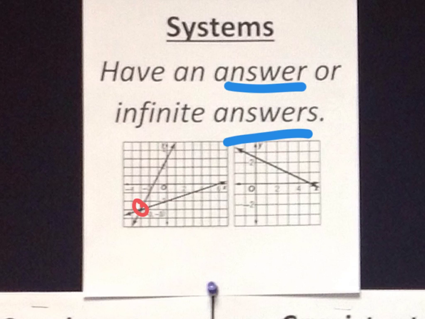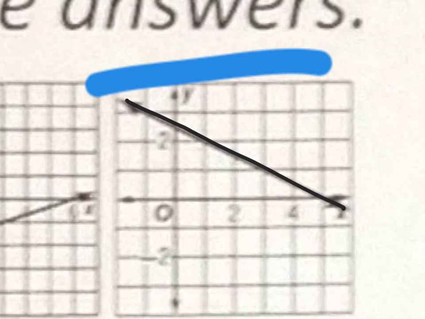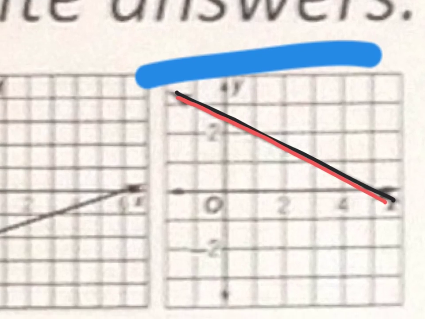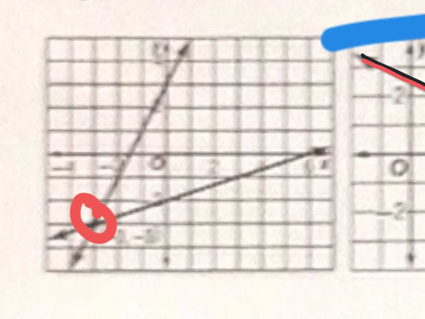But you might have a situation where you graph one line in black, and then you graph the other equation in red, and you end up with the same exact equation. That's when the equations line up, you get the same exact line, which means that there's an infinite amount of answers in common, not one single answer in common over here.